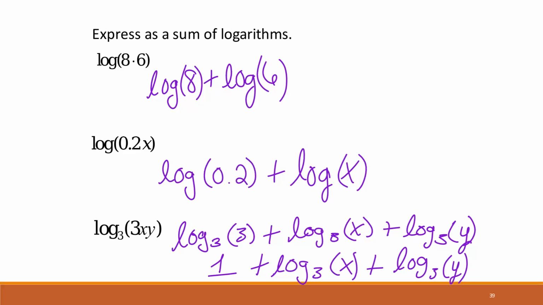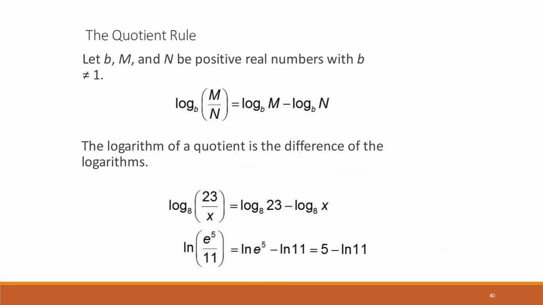So let's go on to the next one. The next is the quotient rule. You can see it works a lot like the multiplication rule, except when we're doing division, we're actually doing subtraction. And again, you know that this makes sense because when we did exponentials and their properties, it's the same idea there.